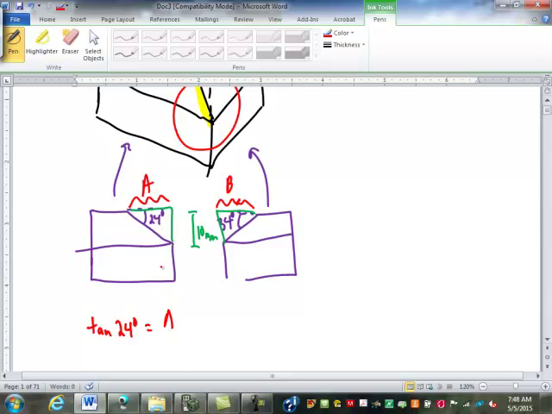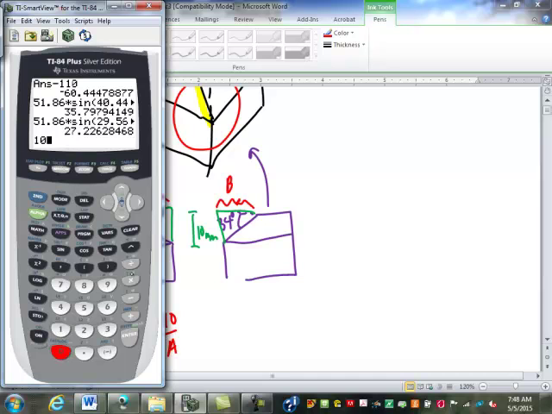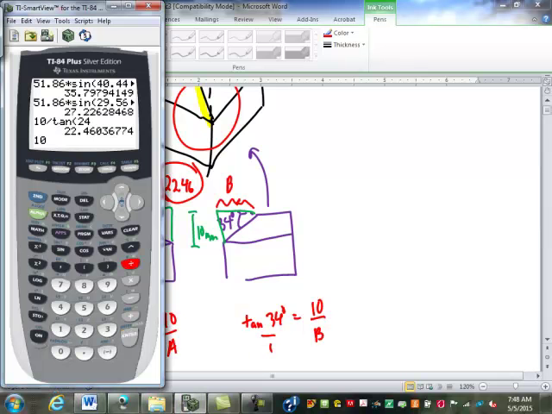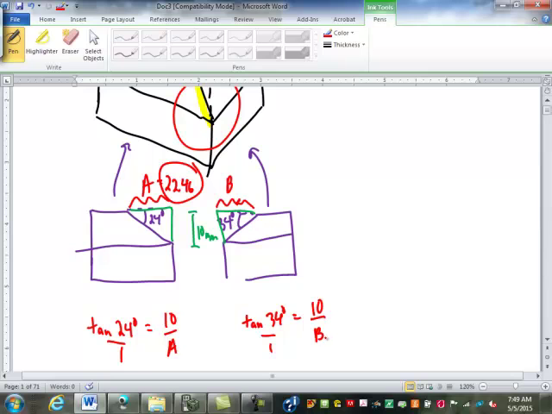So tangent of 24 is equal to 10 over A. So yes, it'll be 10 divided by tangent of 24. That's 22.46. B will be 34 this time. It was 10 over B. So yes, 10 divided by tangent of 34. 14.83.